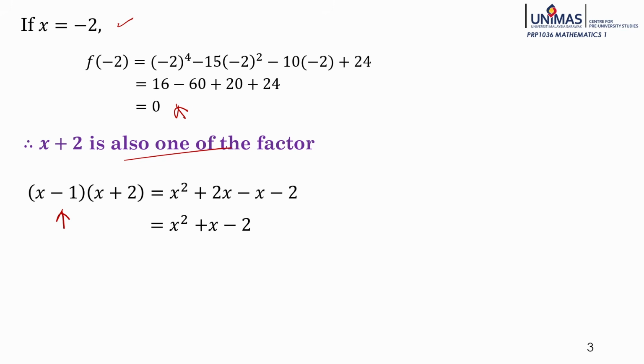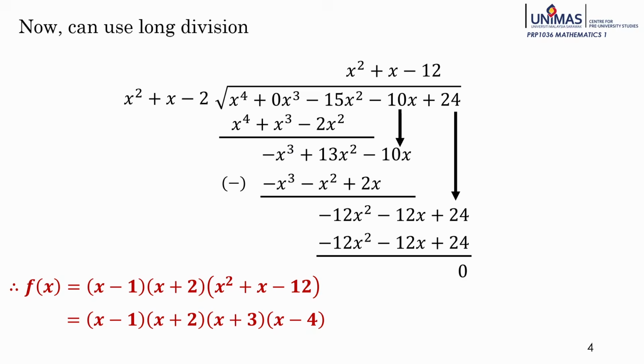Then you expand this and you get x squared plus x minus 2, and then you can use the long division. Now we continue to use the long division. We put down this polynomial.